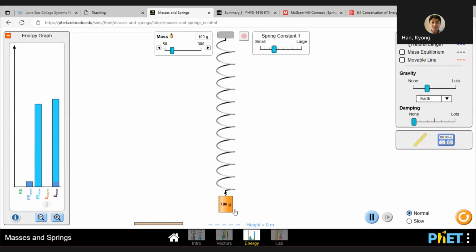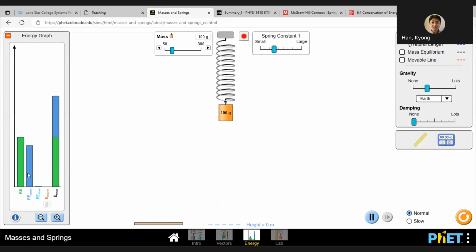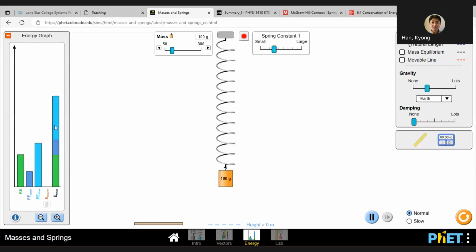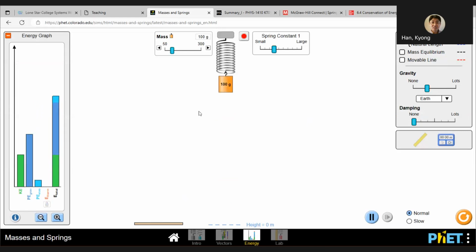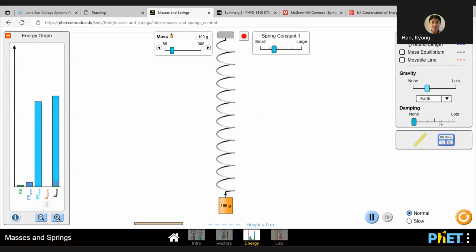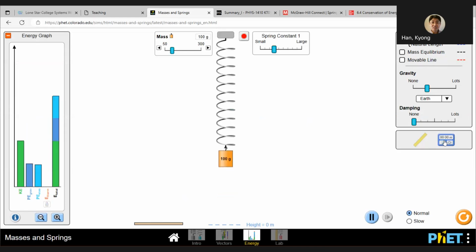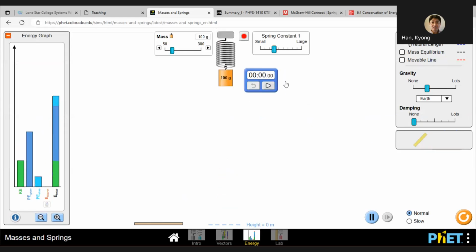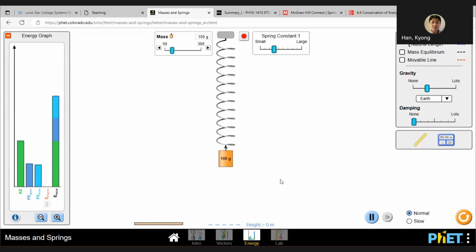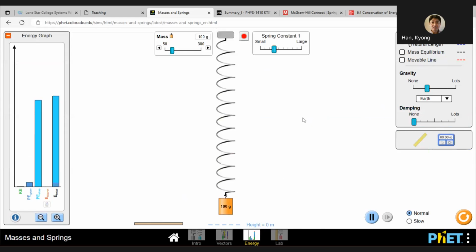If I bring it here, elastic potential energy increases, and the kinetic energy is zero because it's not moving. If I release it, kinetic energy increases. The total energy is conserved, right? It keeps oscillating. This kind of thing is called oscillation.